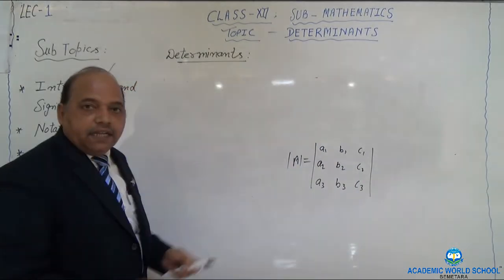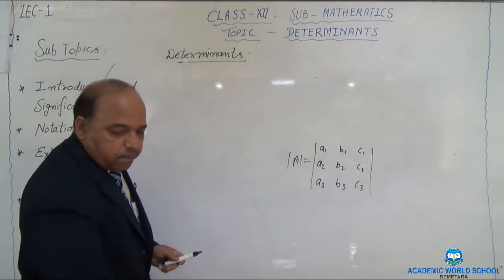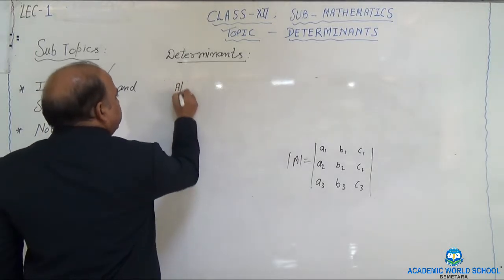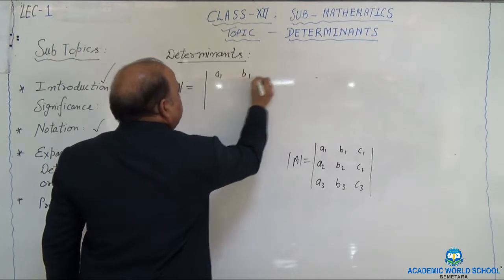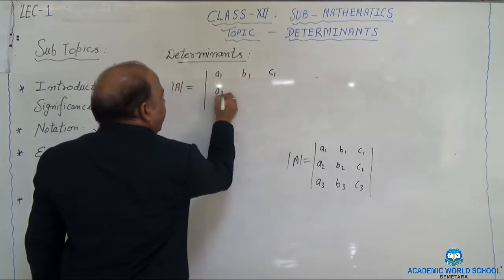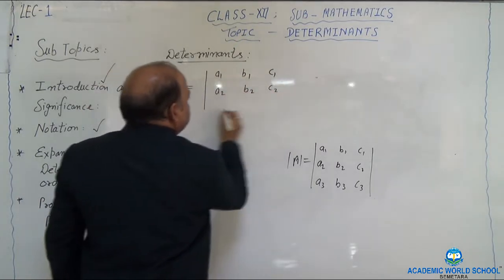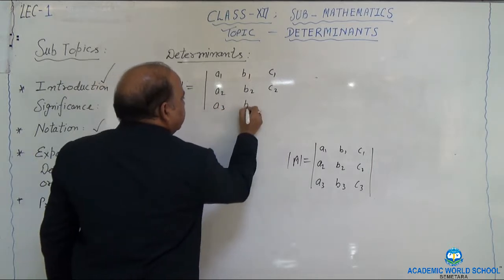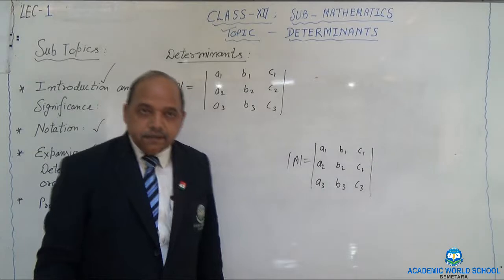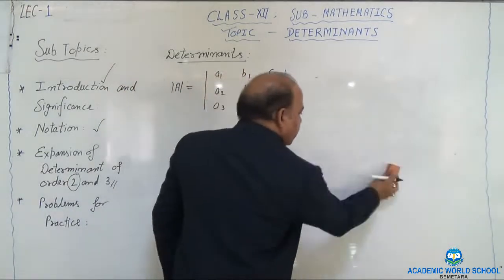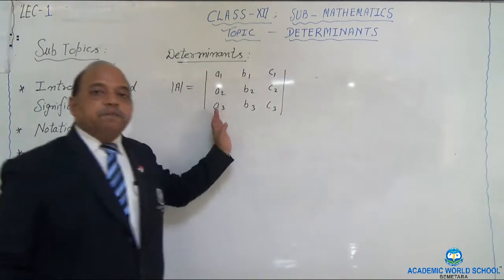So I am writing this part once again. Determinant A is given by A1, B1, C1, A2, B2, C2, A3, B3, C3. I have written the same thing. Fine. Now the question is, how can we expand this?